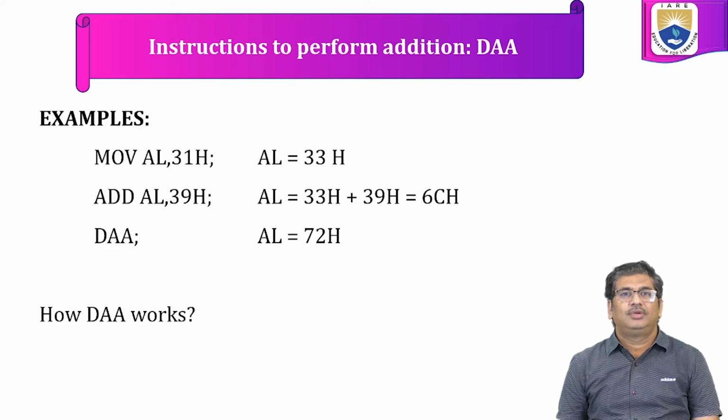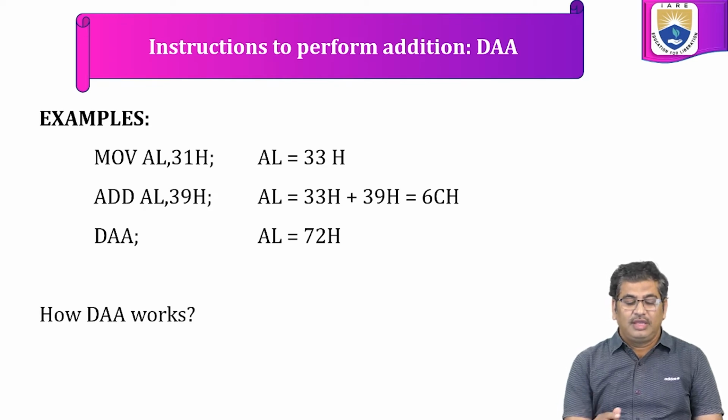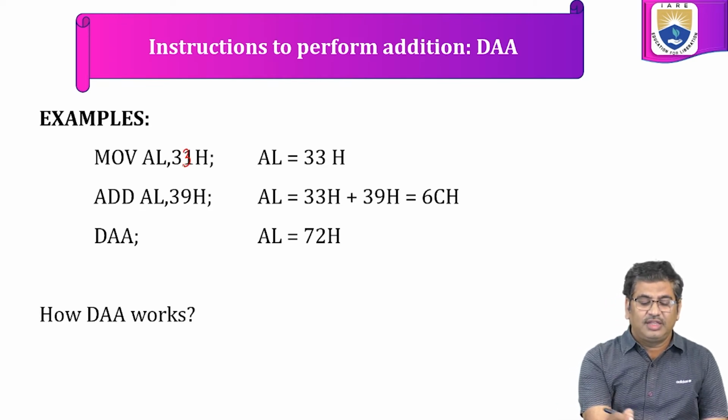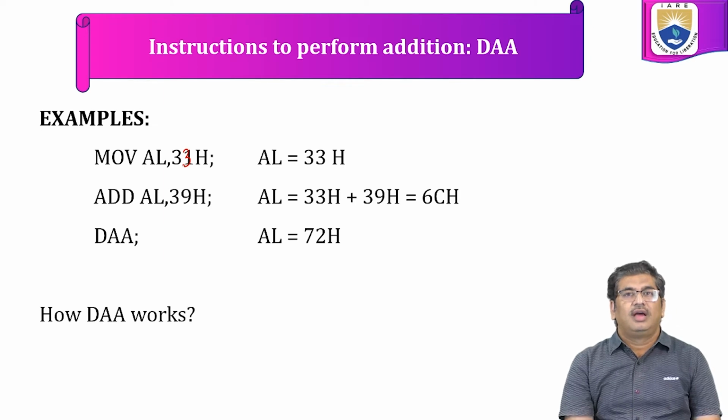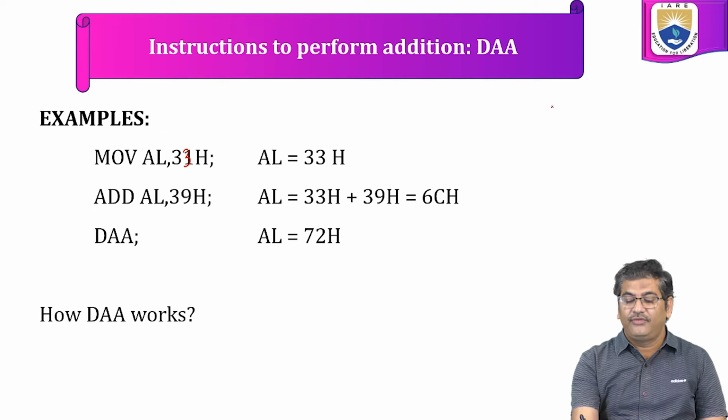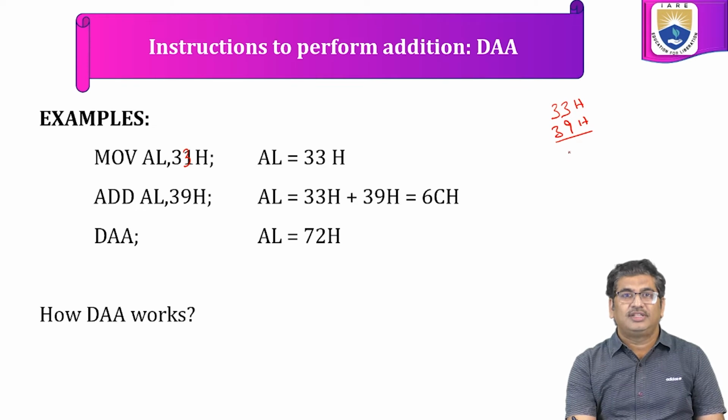A few examples we will take. First we are moving the AL register with 33H. Add AL comma 39H. So 33 will be added with 39H. It is a hexadecimal operation. 3 plus 9 in decimal is equivalent to 12. In hexadecimal it will give us C. 3 plus 3 is 6, both in decimal and hexadecimal.